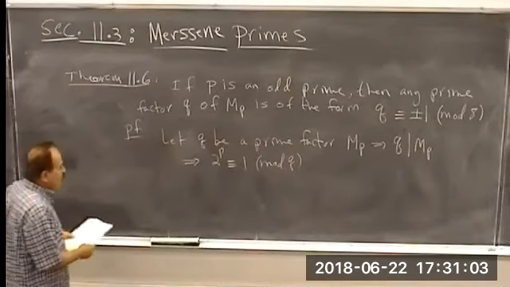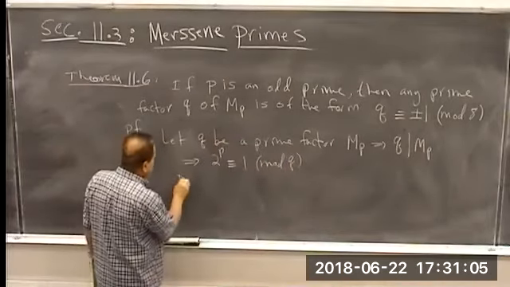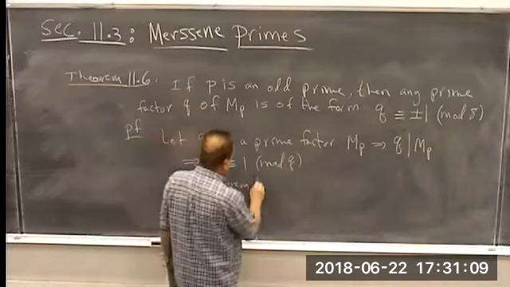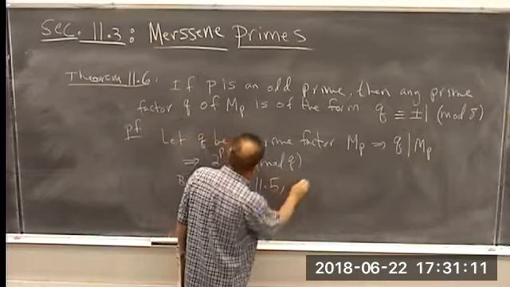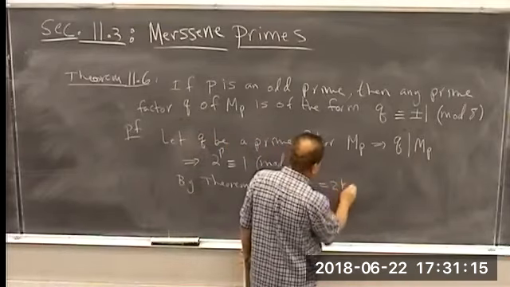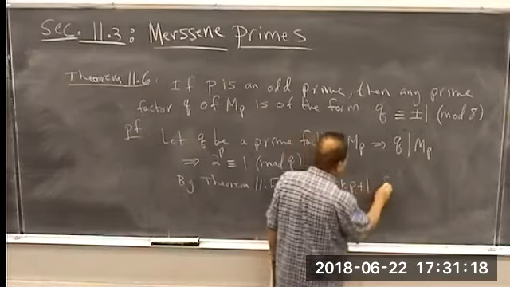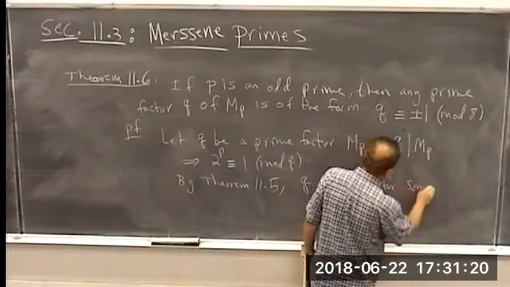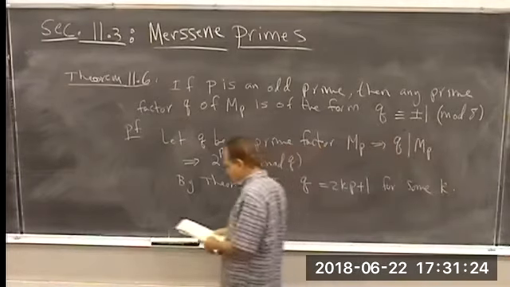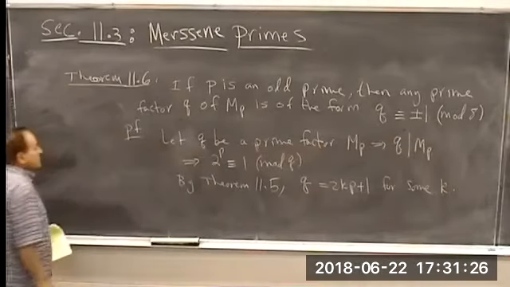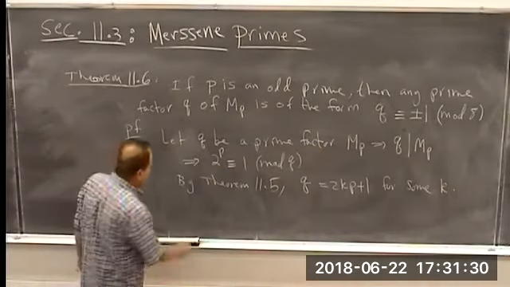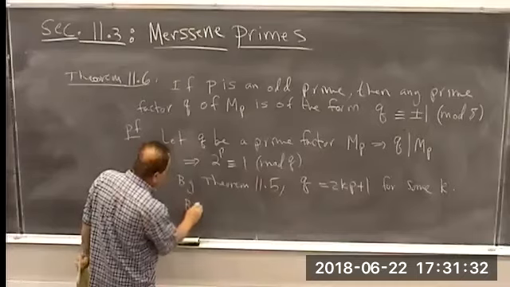All right, now by the previous theorem, 11.5, we know that Q is of this form, for some K. Now let's apply Euler's criterion.